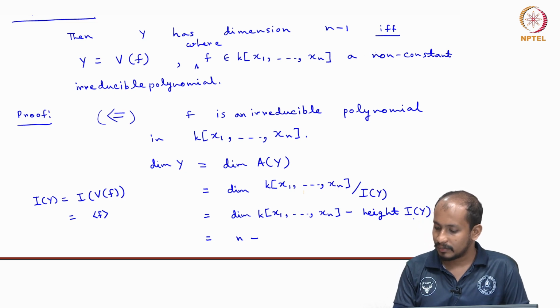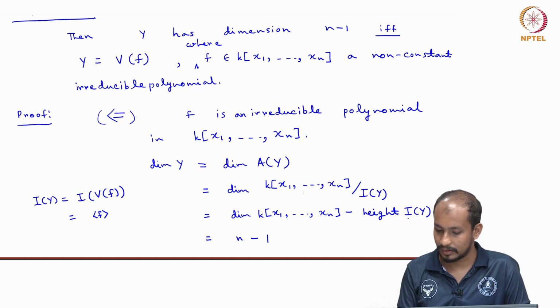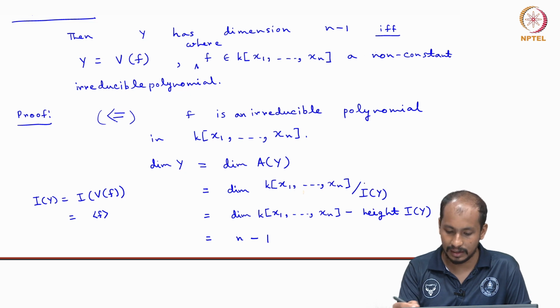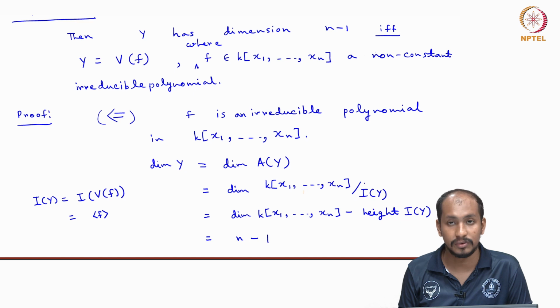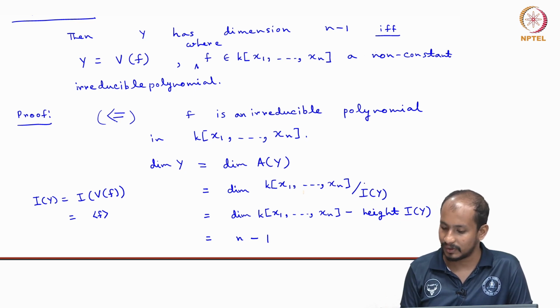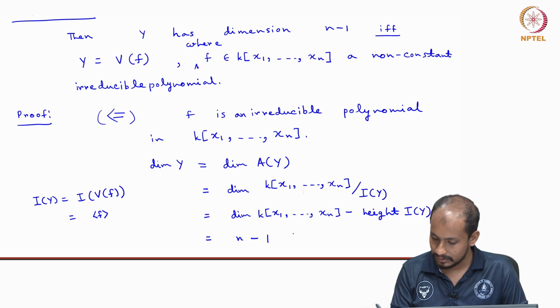Now the height of I(Y) will be equal to 1. This follows from Krull's principal ideal theorem: I(Y) is the minimal prime ideal containing f, and f is neither a zero divisor nor a unit. So we can use Krull's principal ideal theorem, and from there the height of I(Y) is equal to 1.